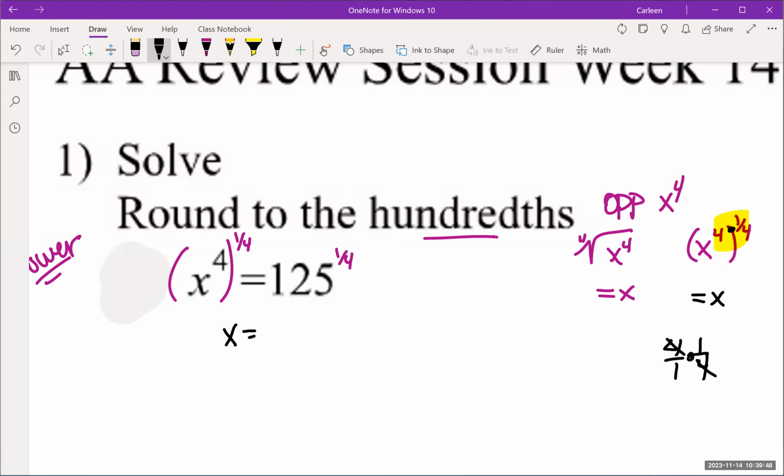So we do 125 exponent parentheses 1/4. If you forget the parentheses, you're not going to get the right answer. You should get, rounded to the hundredths, 3.34. Okay, so remember to have those parentheses.